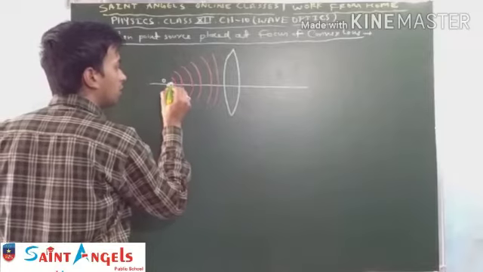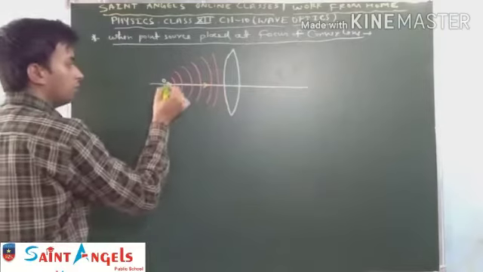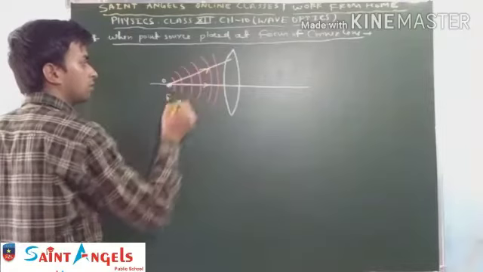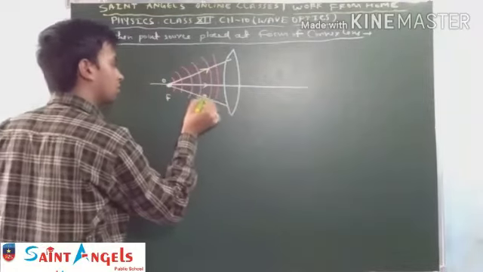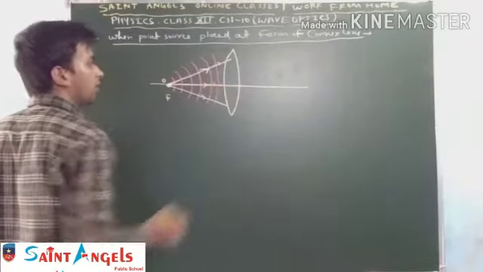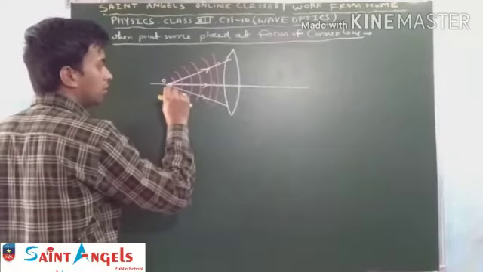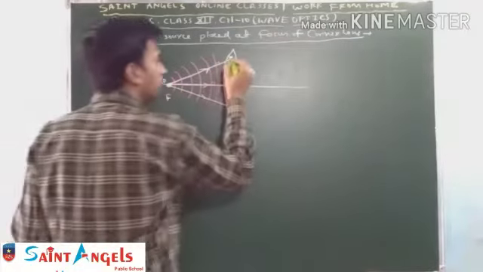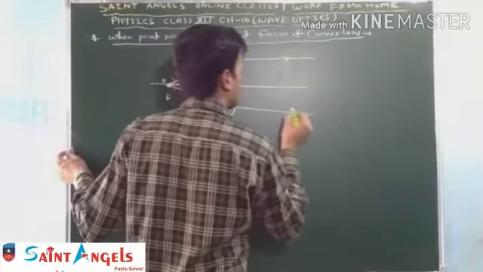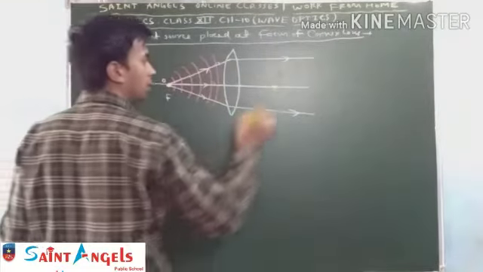And if we draw the rays on this spherical wavefront, these are the rays on the spherical wavefront. As we know, the rays coming from the focal point become parallel to the principal axis. So these refracted rays are parallel to the principal axis.